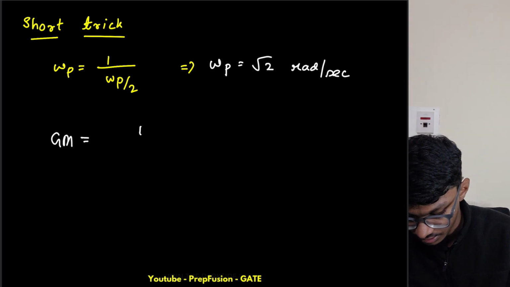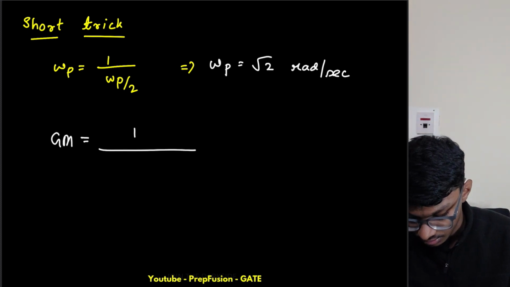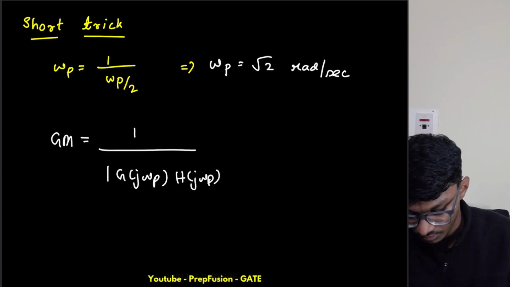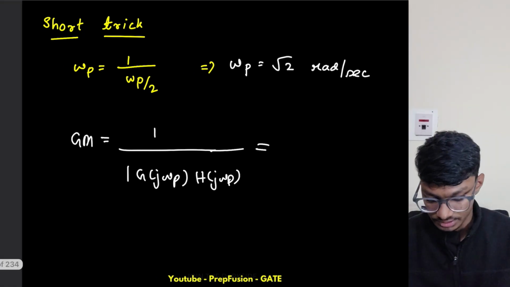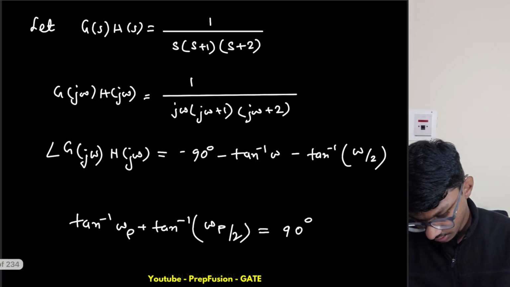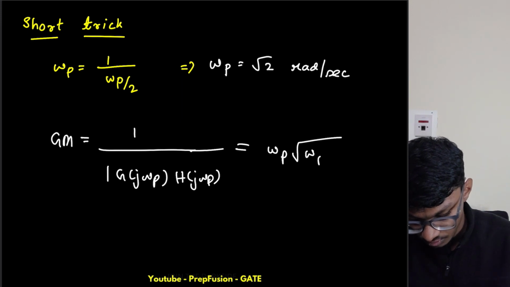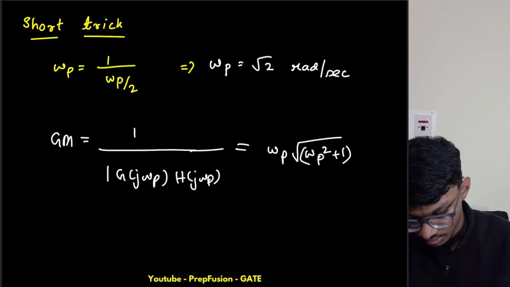Gain margin is simply the inverse of the magnitude of G of j omega p into H of j omega p. So it is omega p into under root omega p square plus 1 into under root omega p square plus 4.